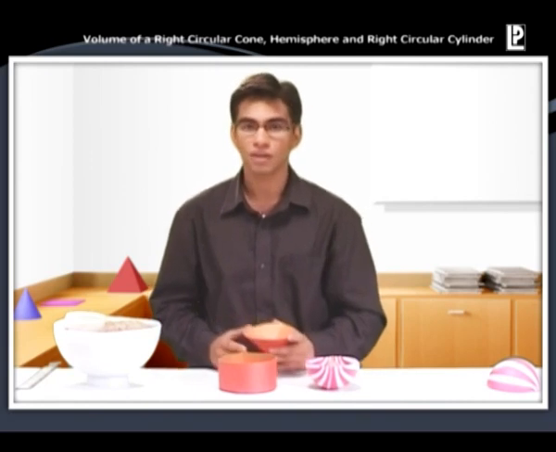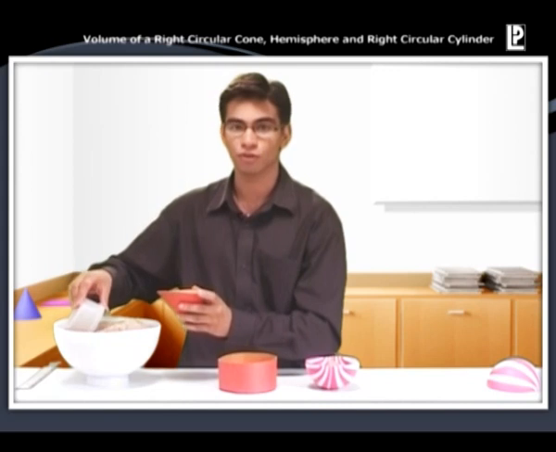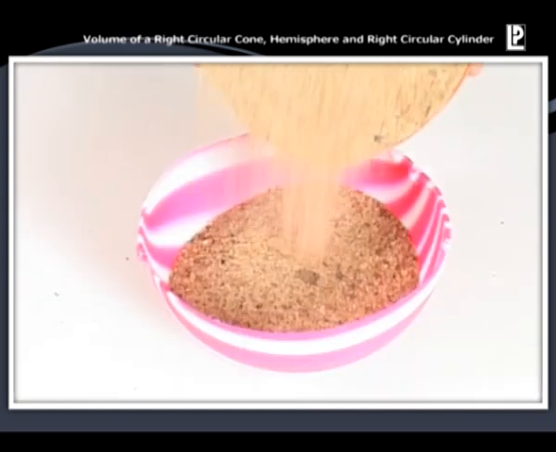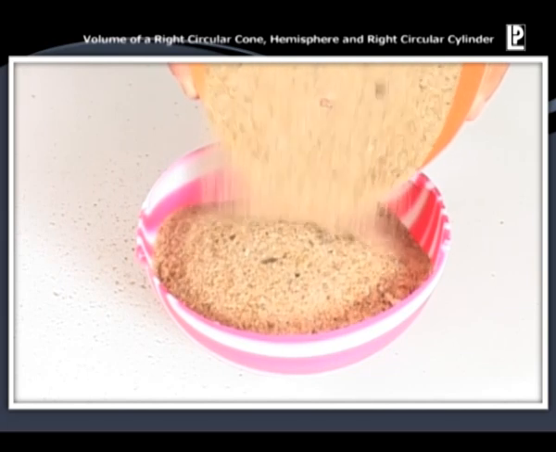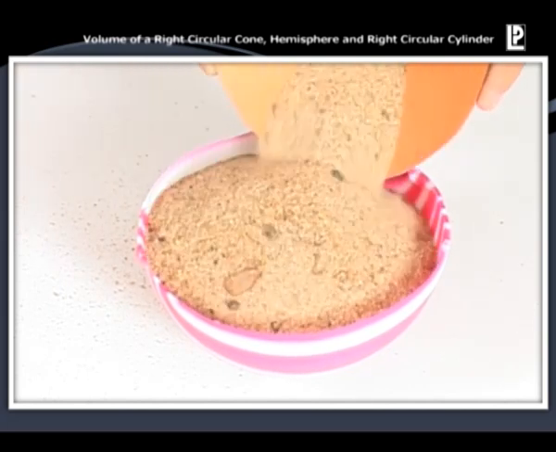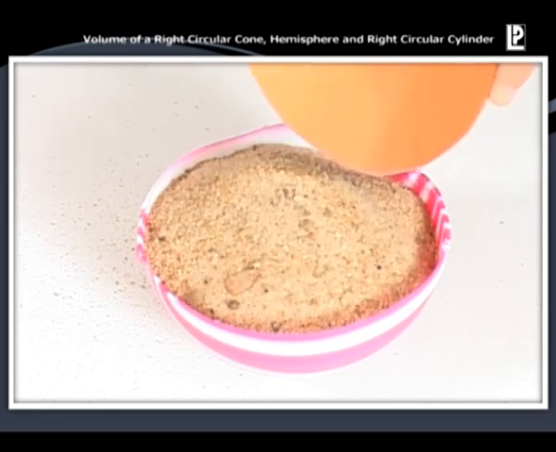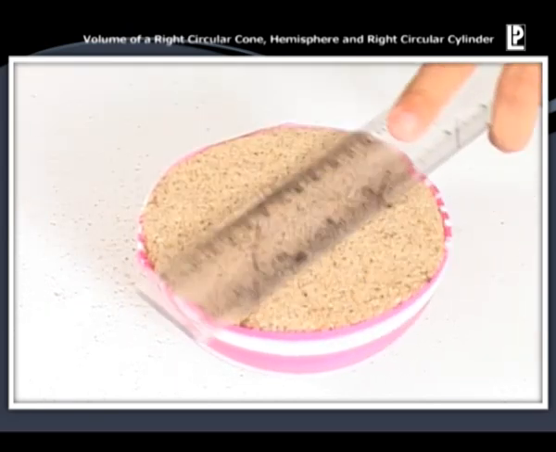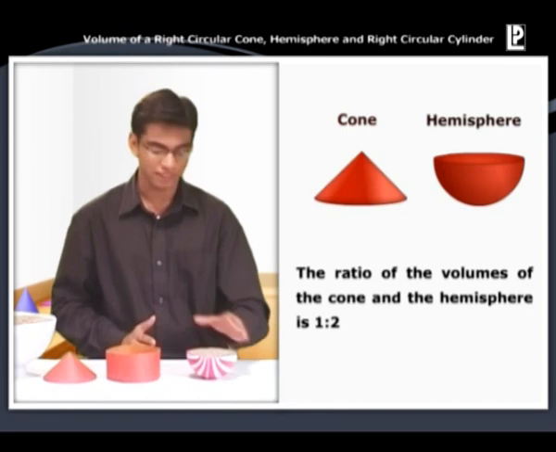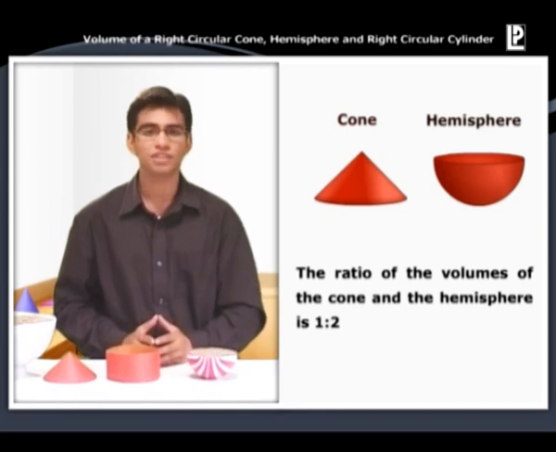The hemisphere is not full yet, so I'm going to take another cone full of sand and pour it into the hemisphere. The hemisphere is now full. What can we infer from this? Yes, the ratio of the volumes of the cone and the hemisphere is 1:2.